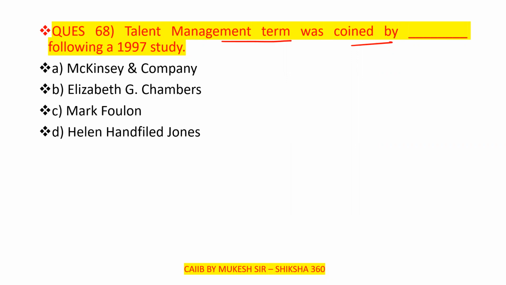Options: A, McKinsey and Company; B, Elizabeth Chambers; C, Mark Fallon; D, Helen Handfield-Jones. The term was coined by McKinsey and Company in 1997. So option A is the answer here.